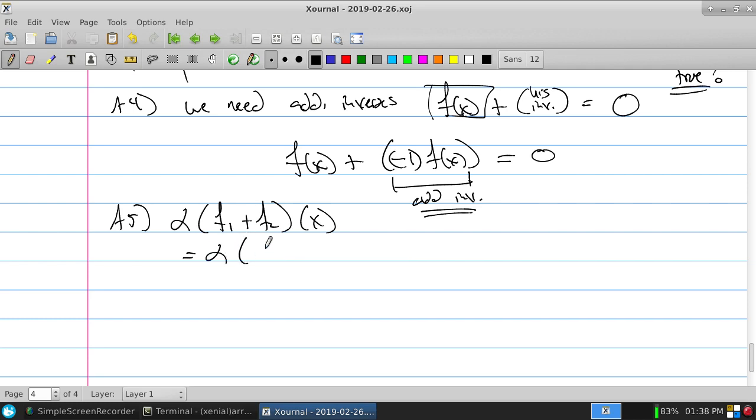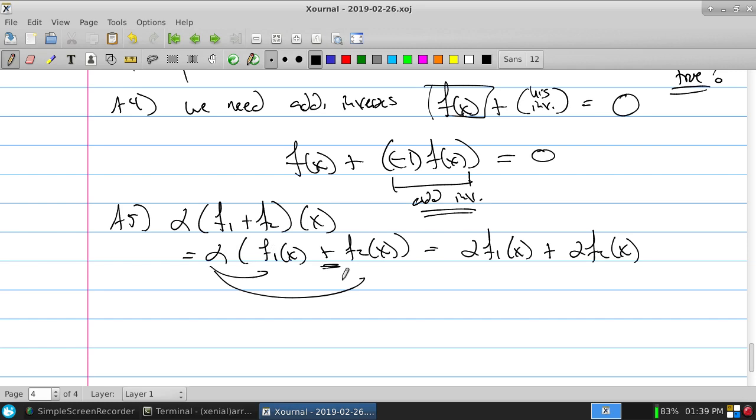This is alpha times what? f1 of x plus f2 of x, which is equal to alpha f1 of x plus alpha f2 of x. Why? This plus is function plus. This plus is what? Real numbers. And so now I have alpha times real plus real. Oop, normal distribution law applies. It distributes.